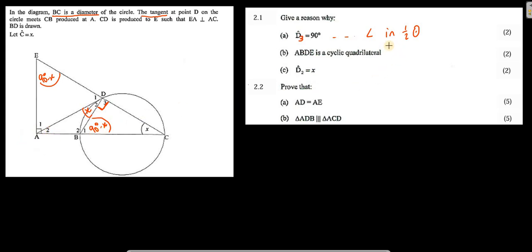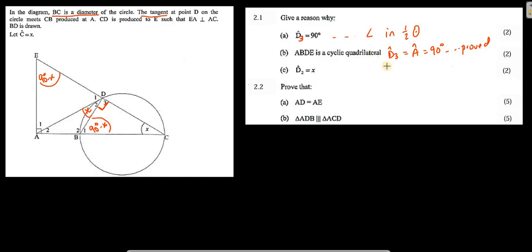So you tell them that D3 is equal to angle A, the whole of angle A. Reason being that both of them are equal to 90 degrees. That we can say is proved, because we proved that angle D3 was 90. So therefore this is a cyclic quad.